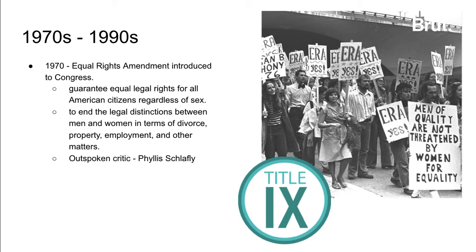Her biggest statements when being interviewed or having TV segments were that she was concerned that by passing the Equal Rights Amendment, women would lose out on laws which were actually protecting them, such as if you are a stay-at-home mother, you could get Social Security.